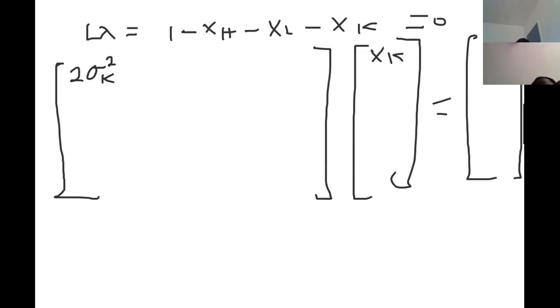Now, in the second equation, I have 2 SH covariance of H and K. So I'm going to write 2 covariance of H and K. Right? Then I'll bring the SH here.